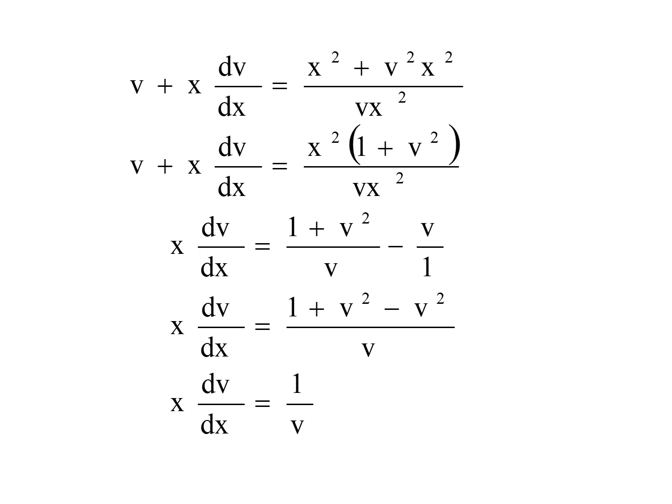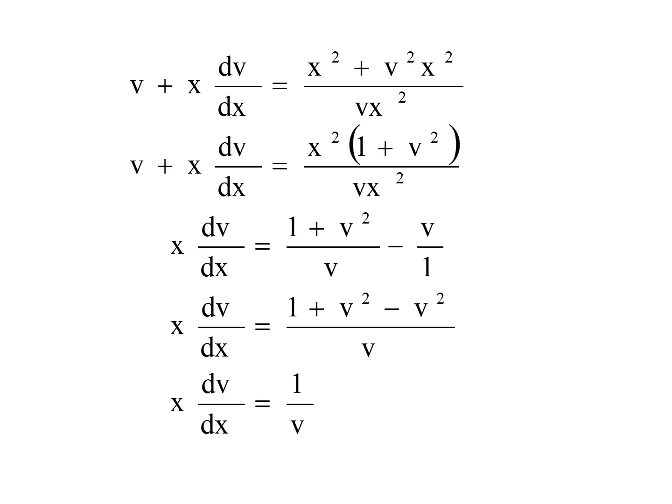Move on to the next line. Send plus v to the right side. Then we got x into dv by dx is equal to 1 plus v square by v minus v by 1. Next line, x into dv by dx is equal to, if you take the LCM, we got 1 plus v square minus v square by v.